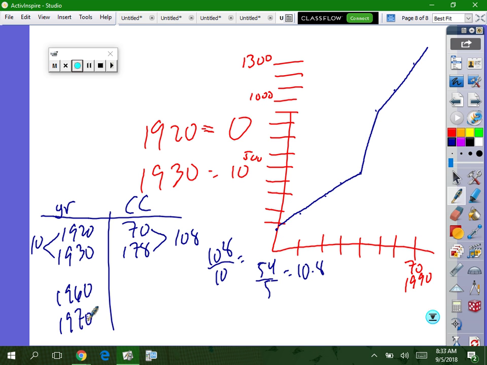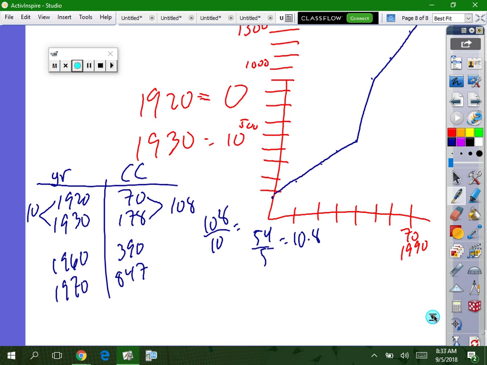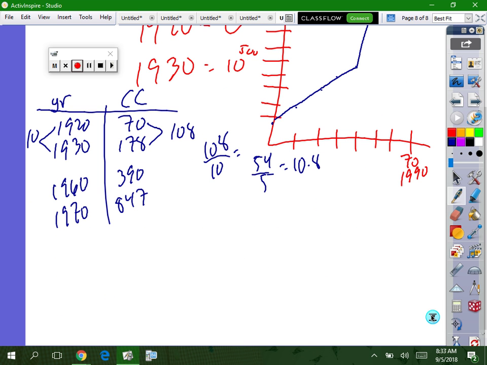Can somebody tell me how much is in 60, please? 390. How about in 70? 847. Okay. Now, if it is linear, that means it would have a constant slope throughout, correct? Obviously, we can tell it's not linear because it's not a straight line from our plotting, correct?